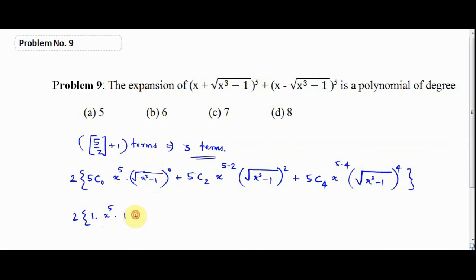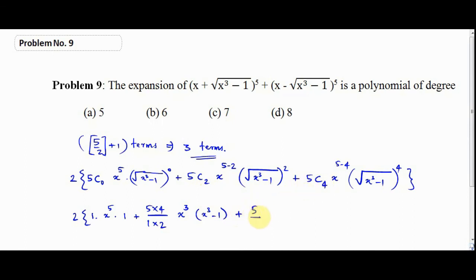Now plus 5C2, that will be (5 × 4)/(1 × 2), then that into x^(5−2), so that is x^3 comes here. Then (√(x³ − 1))^2, so that will be x³ − 1. Okay. So this will be the second term.